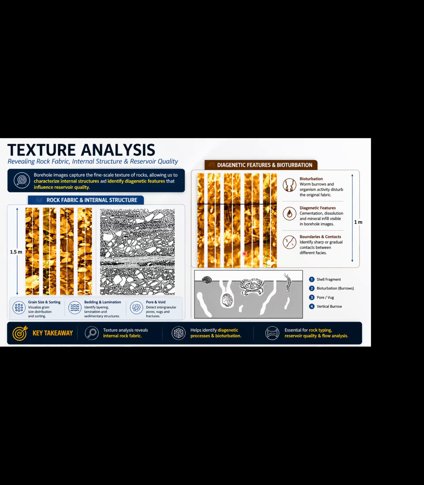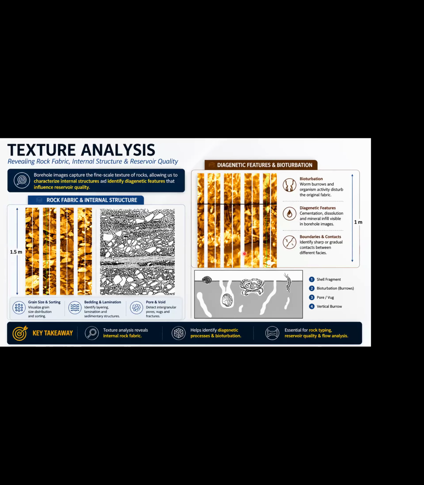Sometimes it needs a smart eye to get it, but with experience you can trace it and identify it. It's not a fancy thing to identify bioturbation, but it's important because it impacts the porosity.